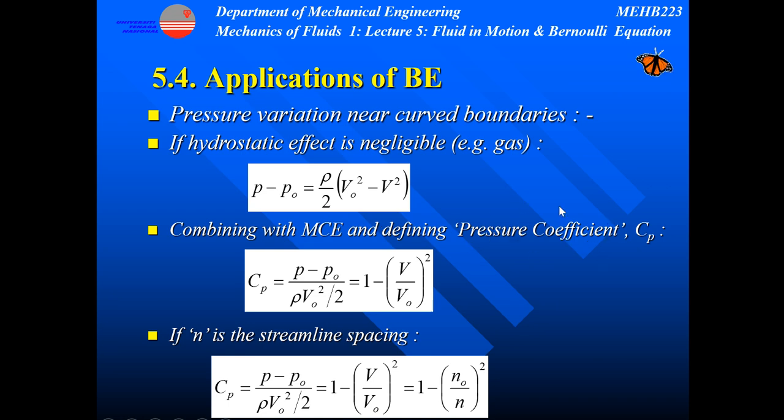So pressure coefficient is Cp. Okay. So if you apply the Bernoulli equation just now, Z should be the same because it's on the same streamline. So you should get this. So if you divide this with this, you should get this, right? Okay.